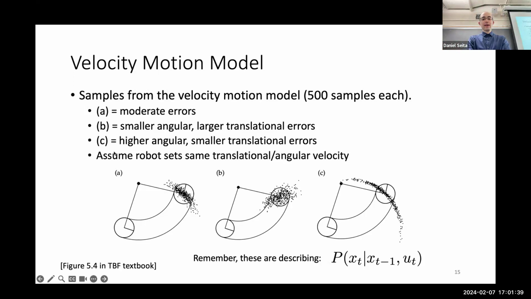Model A assumes moderate errors for all the components. B is smaller angular error, larger translational error. And C is higher angular error and smaller translational error. Do you see why that's true from where the dots are located?